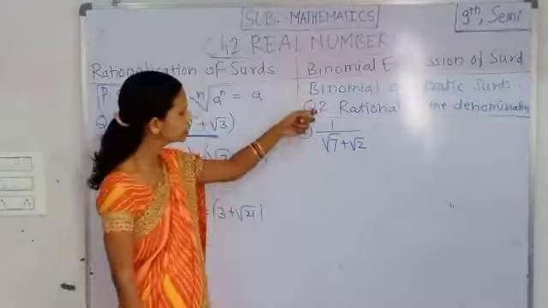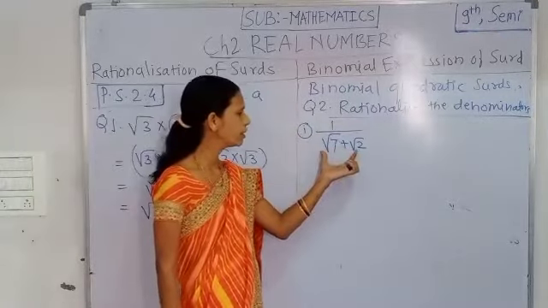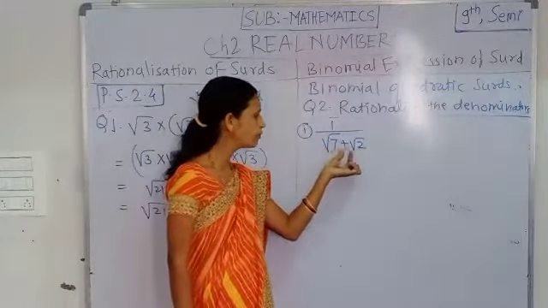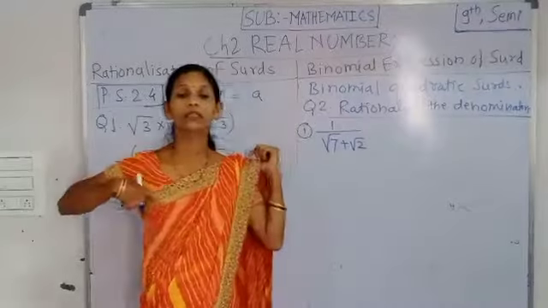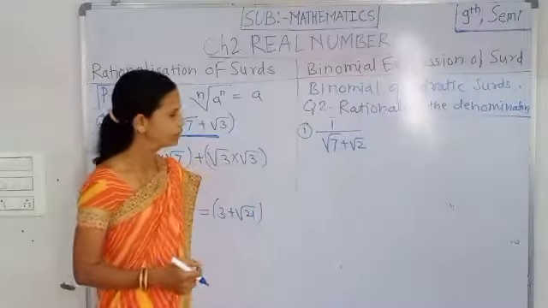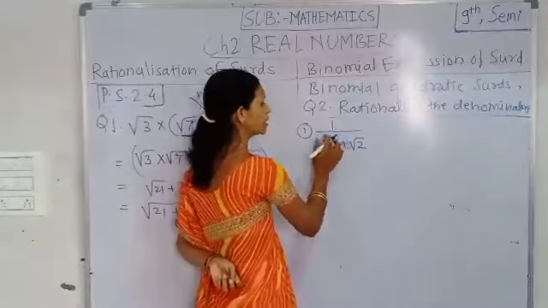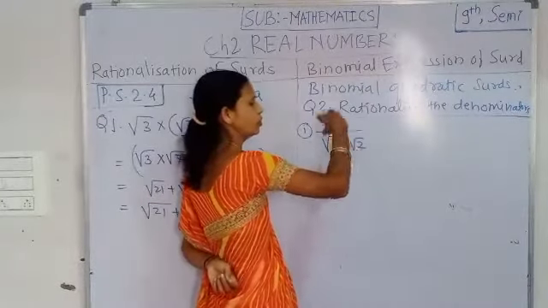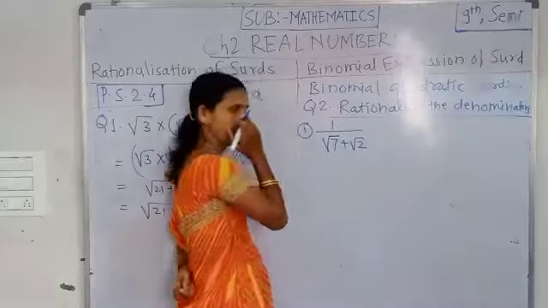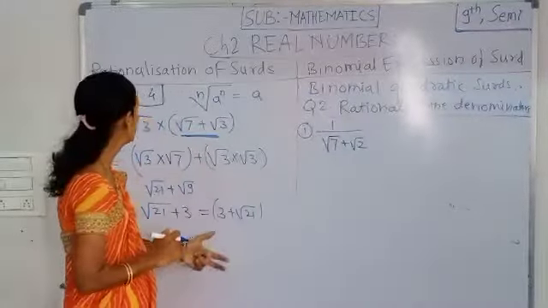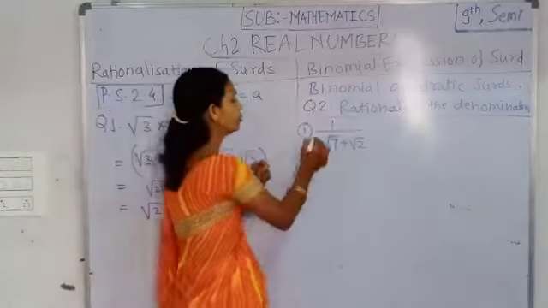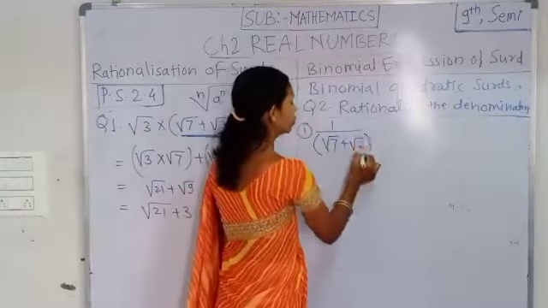Then see here, in this example, the denominator is root 7 plus root 2. That is an irrational number which is a surd. Then we have to convert that irrational number into a rational number by using the conjugate pair of root 7 plus root 2.